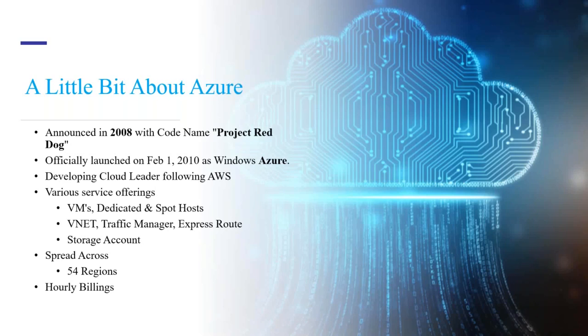It has now increased to around 60 plus regions where you can find Microsoft data centers. You can choose the nearest data center for your application, edge locations. And it is hourly billing.